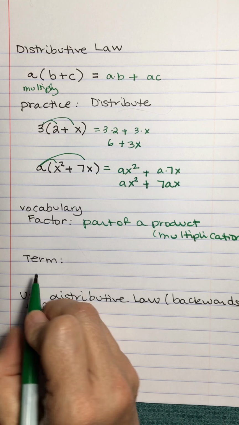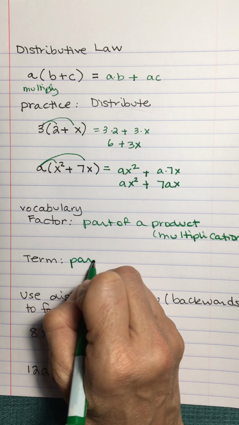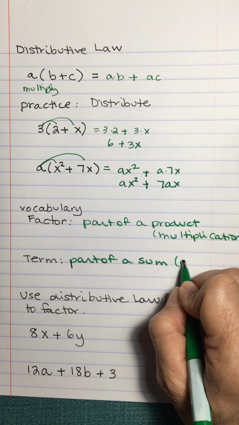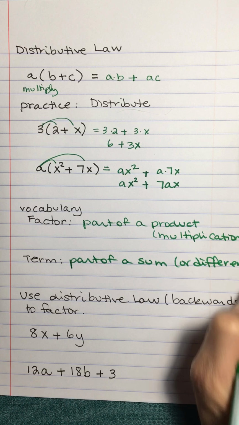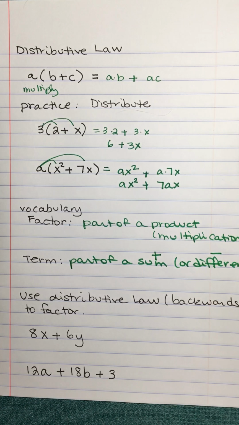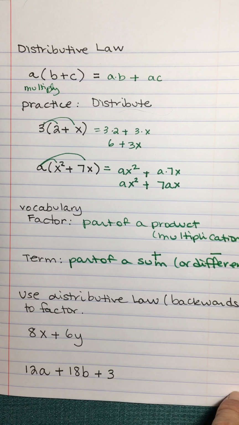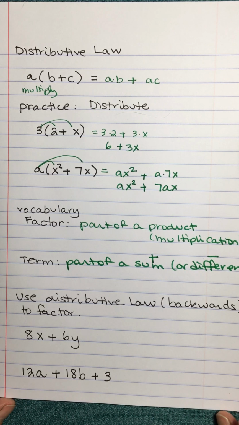So factor versus term. So term is part of a sum or difference. Right? I've only used addition in my examples, but it could also be difference, which goes with subtraction. So just to point out up top here, they're also nested, right? So factors can have terms and terms can have factors.